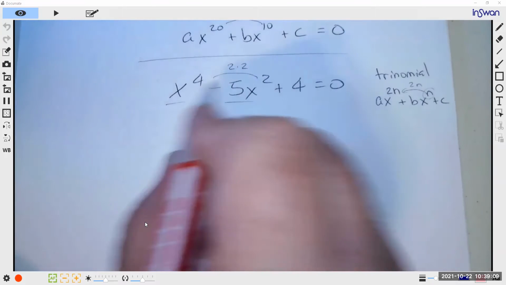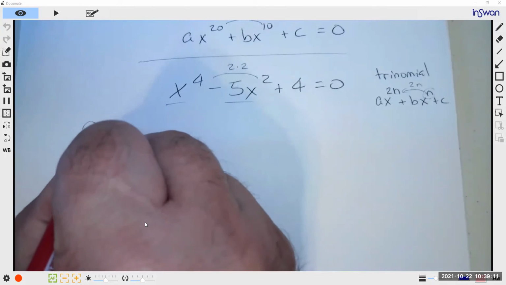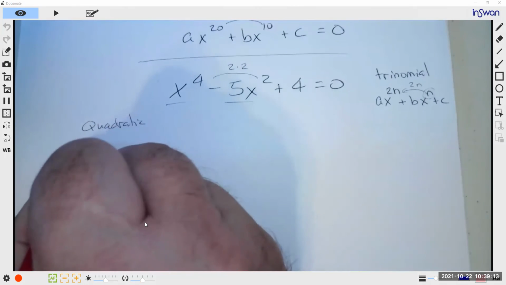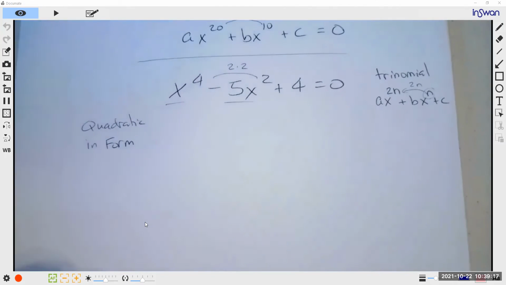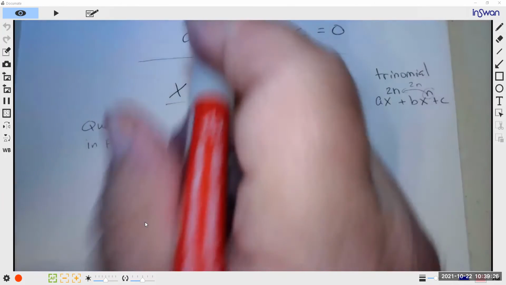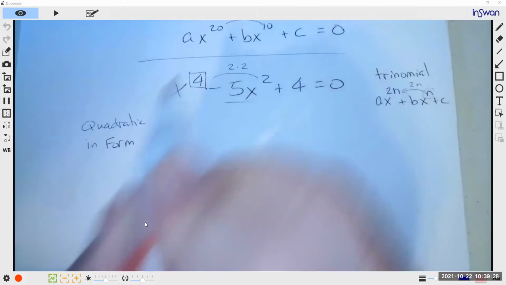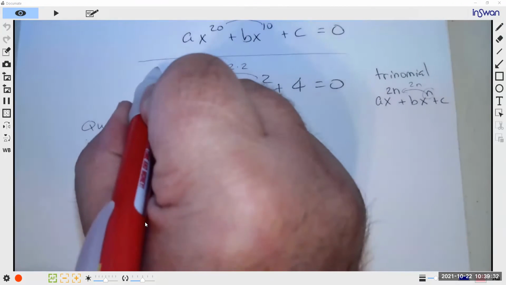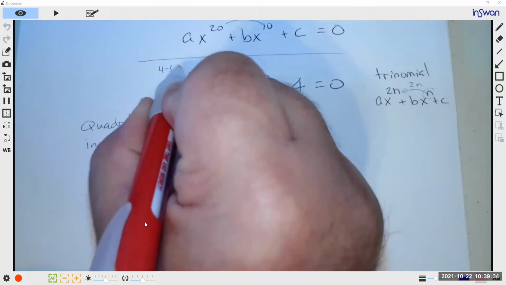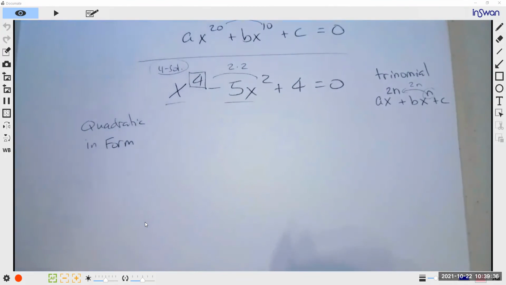So this equation is quadratic in form, which means we can solve it the same way we've been doing in the past. This 4 means we're going to have 4 answers. At most 4.